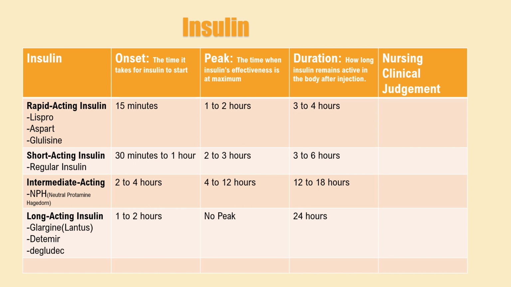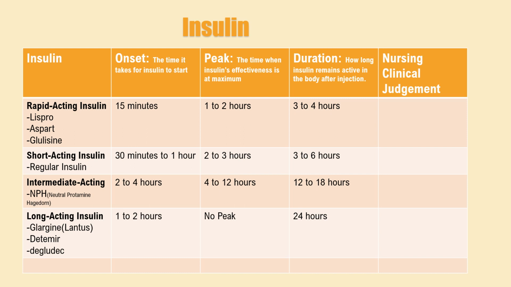Then the short acting insulin, the onset is going to be 30 minutes to an hour. Okay, so same process. All right, so peak is 2 to 3 hours, and then duration is 3 to 6 hours. An example of a short acting insulin is going to be your regular insulin. Intermediate acting is just as the name says.